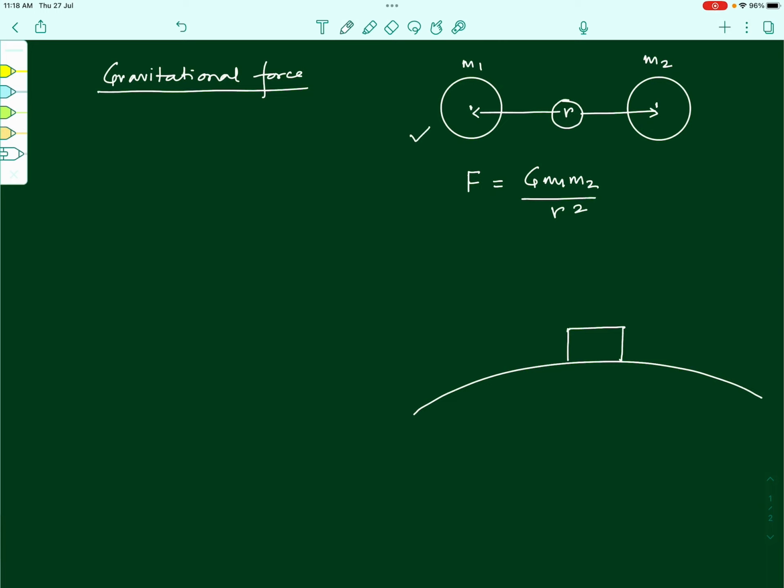Now instead of these 2 masses m1 and m2, our one mass will be the earth itself, which will have a mass Me, and the body which is kept over its surface, let's say, has a mass small m.